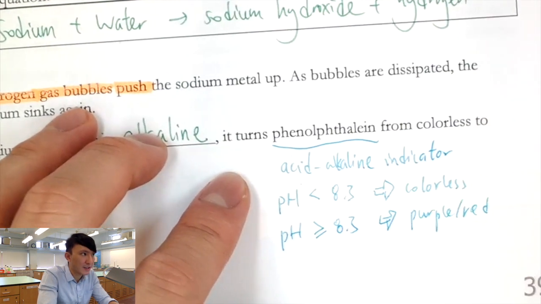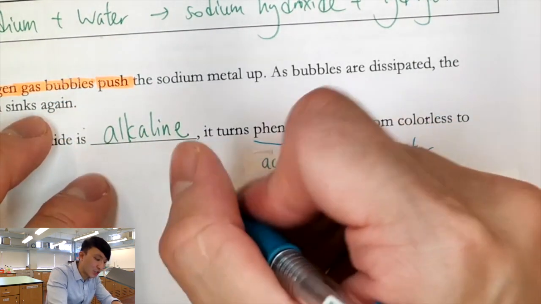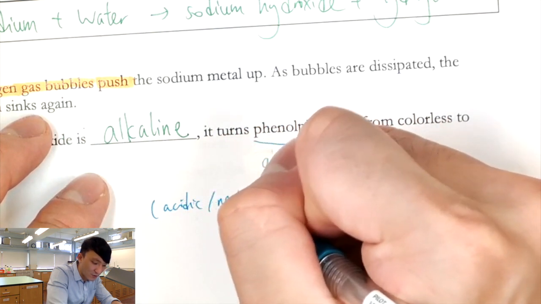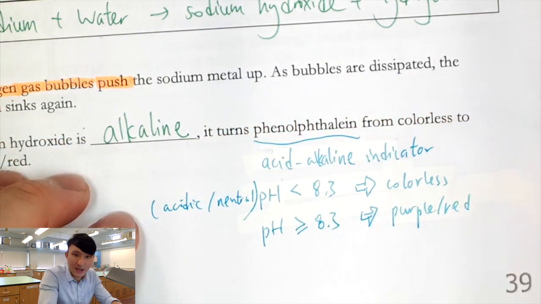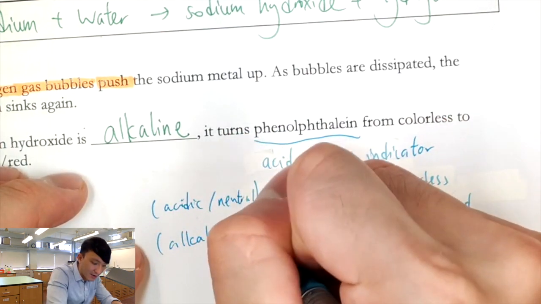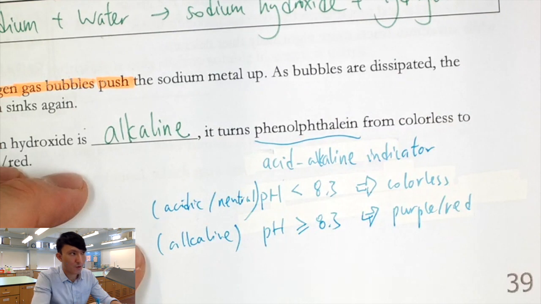So in other words, when the solution is acidic or neutral, then it will be colorless. But when the solution is alkaline, then it will become purple or red.